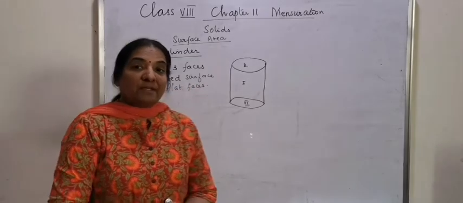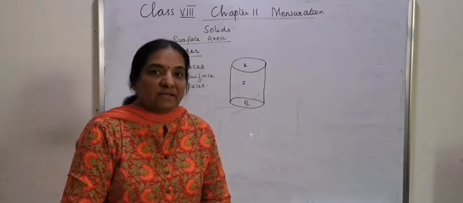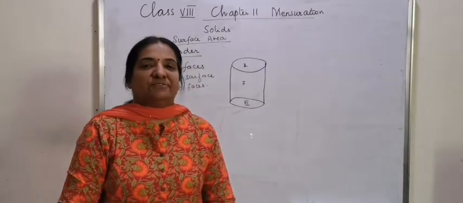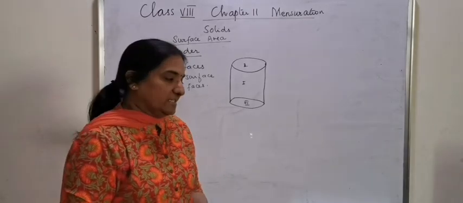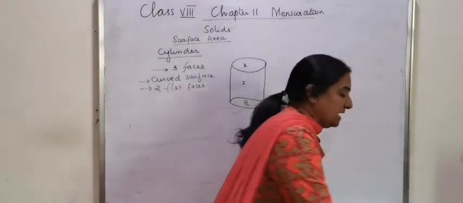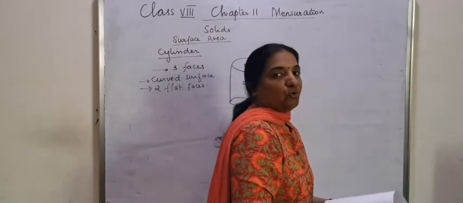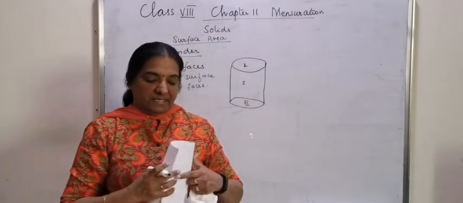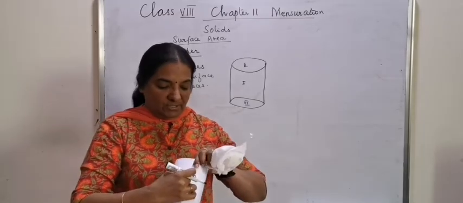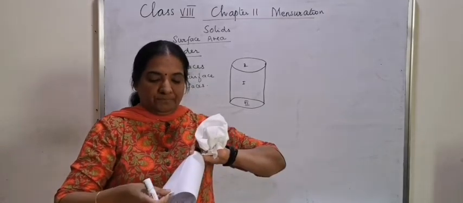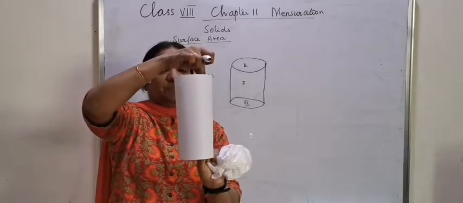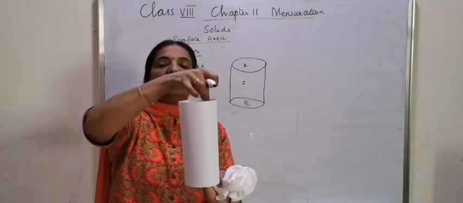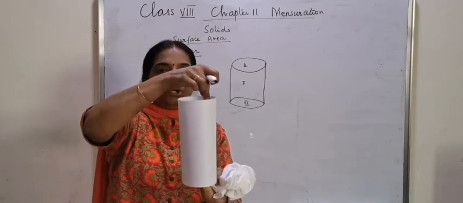Looking into the shape of the faces, first, to find the total surface area, we need to get the area of the curved face. For that, we take the cylinder as a hollow cylinder. You can see the hollow cylindrical shape here without the base as well as the top.